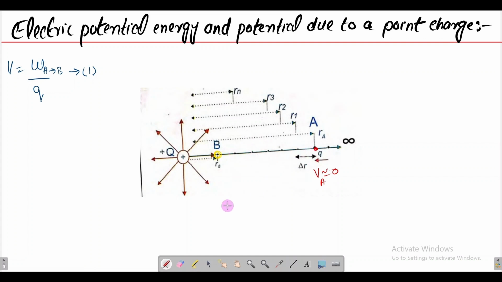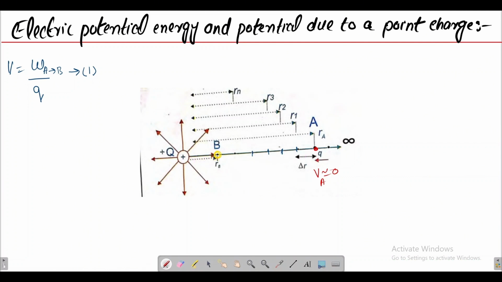So here is step 1, this is step 2, this is step 3, and this is step 4. And if we take n steps, then we will reach this point B.